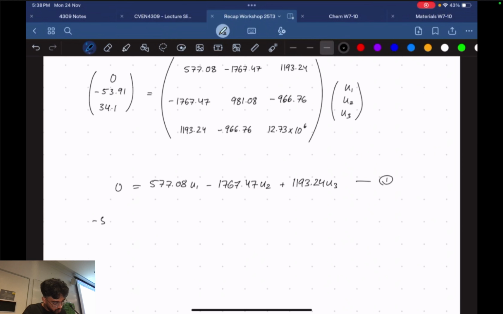Then minus 53.91 is equal to minus 1767.47 U1 plus 981.08 U2 minus 966.76 U3.